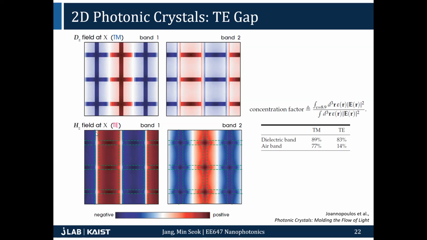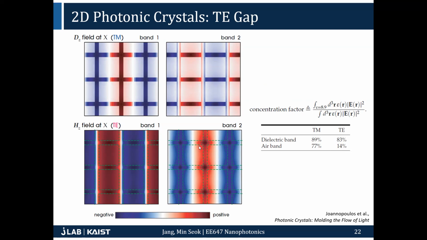If you take the derivative of the H field, it becomes maximum along this line, right? Because the H derivative along the x direction is going to be maximum. So in this case, band 1, you have a high concentration factor.